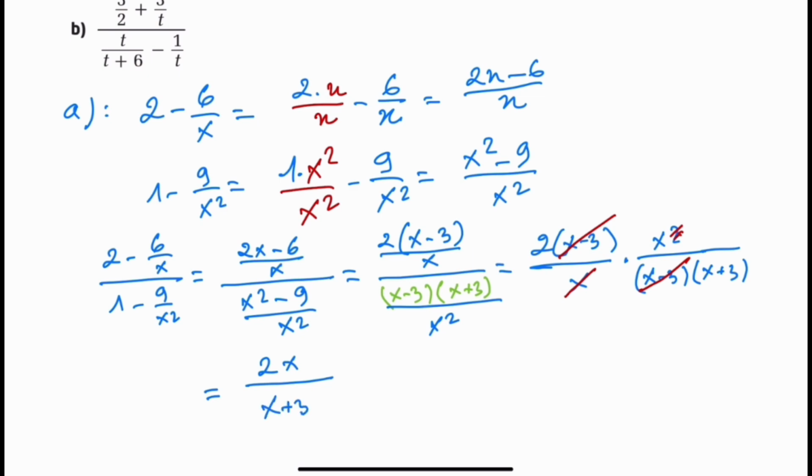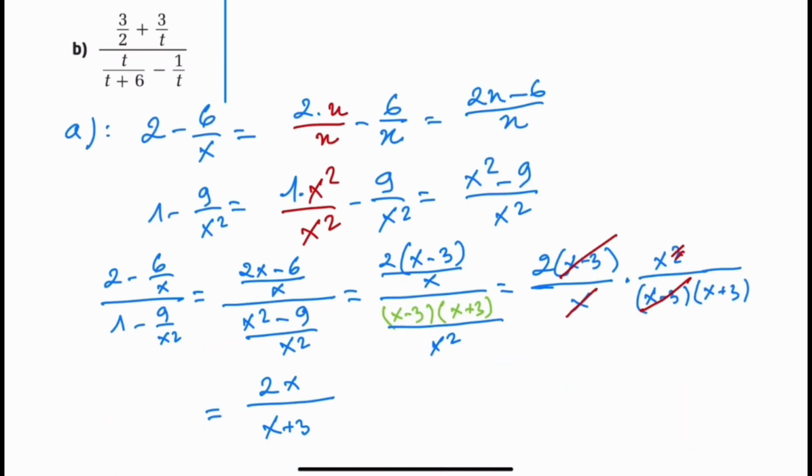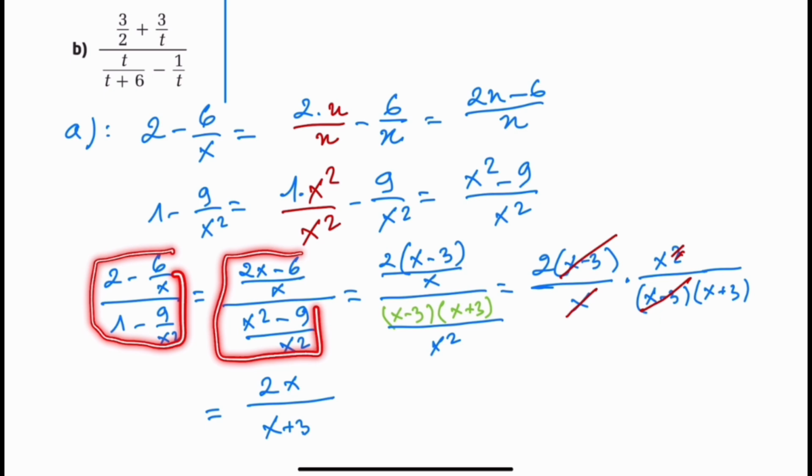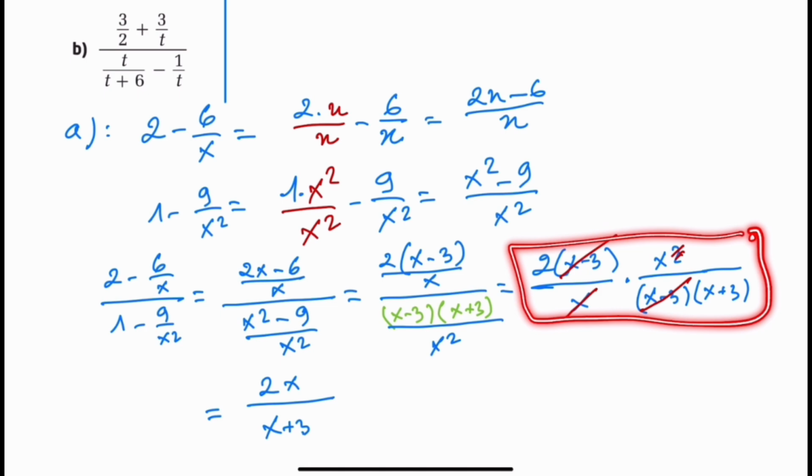Okay, now for the non-permissible values: when I simplified each fraction inside the expression by finding a common denominator, I got this one, and from this I got this one. So I can see that x should be different than 0, x should be different than 3, and x should be different than minus 3.